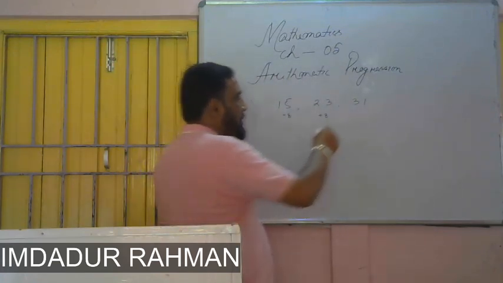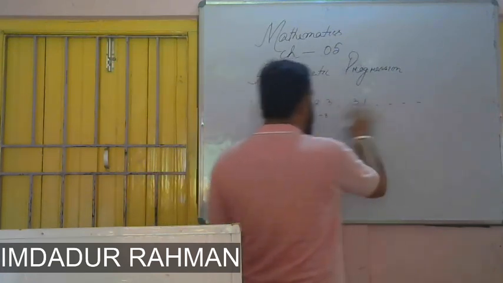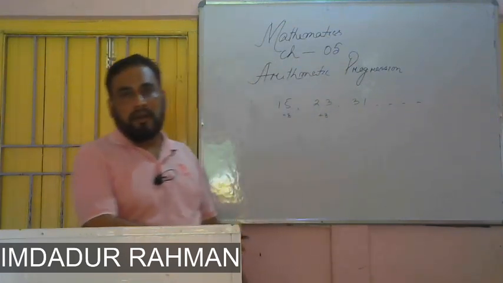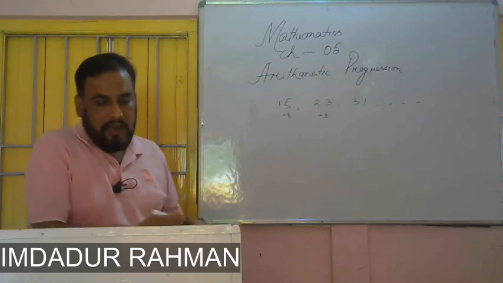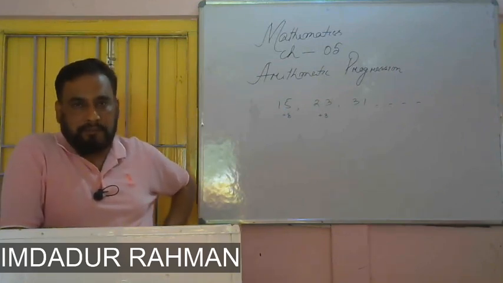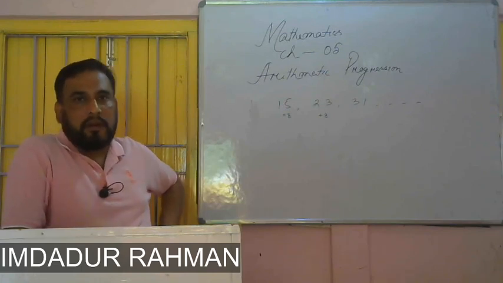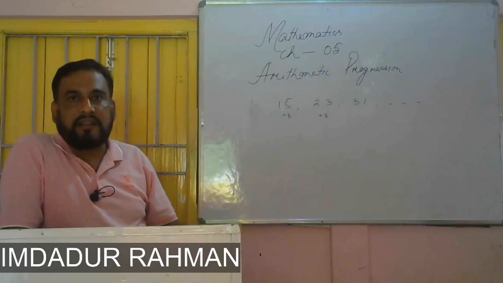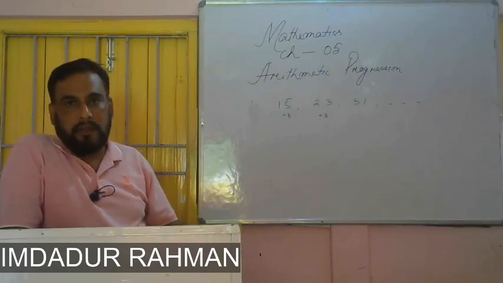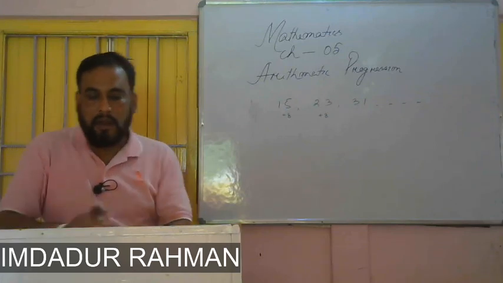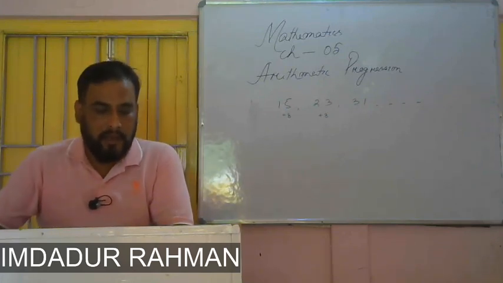So like this, if you add, then plus 8 will be the common difference. So it is an arithmetic progression. So what is arithmetic progression? If in a series of numbers the common difference is the same, then it is an arithmetic progression. Okay. So question number 1 is an arithmetic progression.